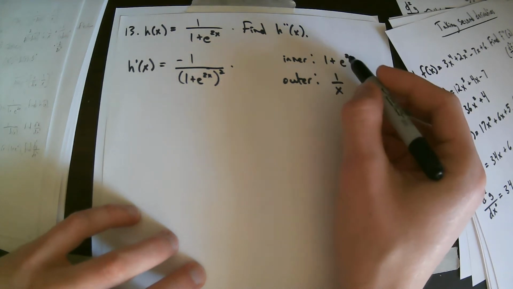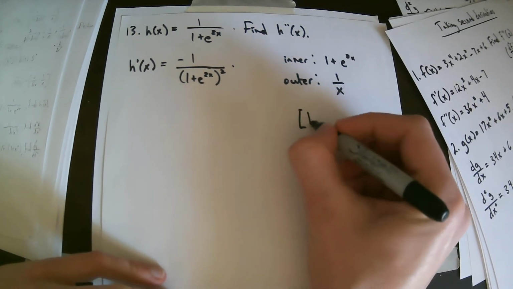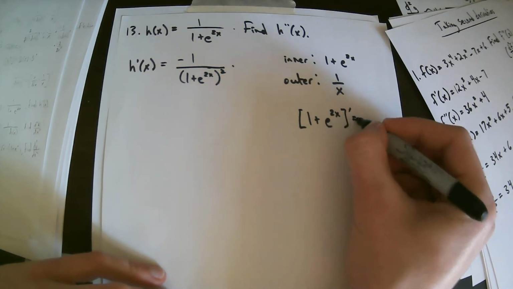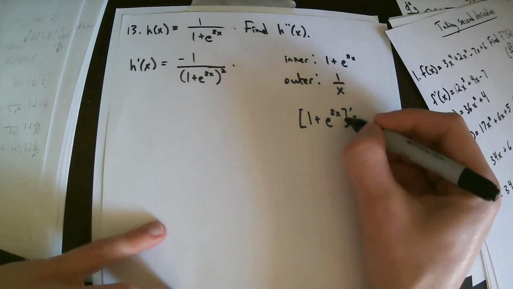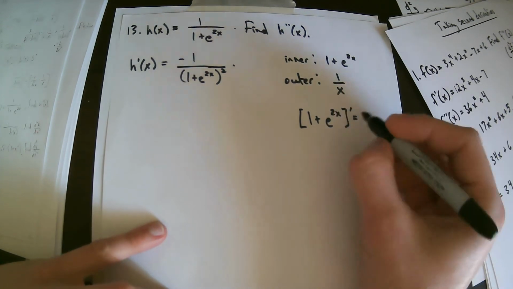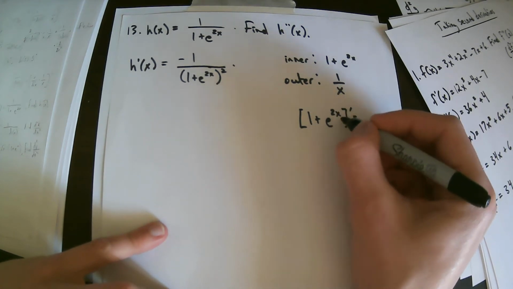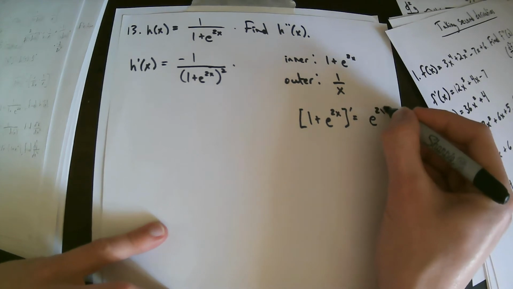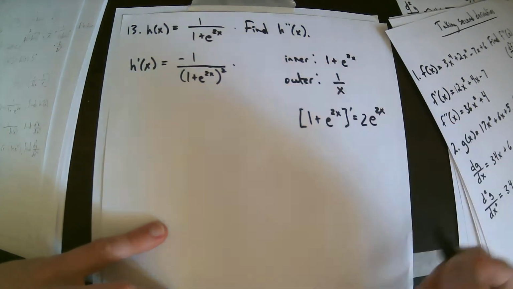The derivative of that's a little mini chain rule there, right? So the derivative of 1 plus e to the 2x. The 1's going to go away. We need to take the derivative of e to the 2x. We actually did this one earlier, but remember that you would take the derivative of the outer function, which is e to the 2x, with respect to 2x, which is just that, and then times the derivative of the inner.